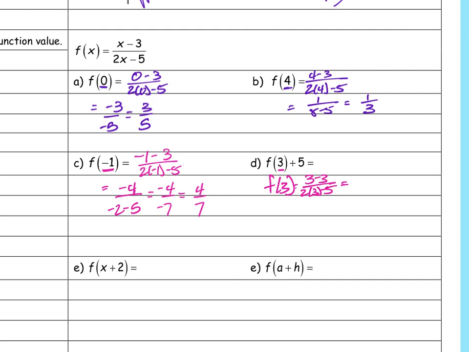And 3 minus 3 is 0, all over 6 minus 5, 0 over 1 equals 0. And then it says 0 plus 5 equals 5. Are there questions on that?